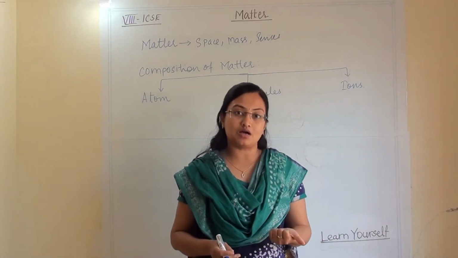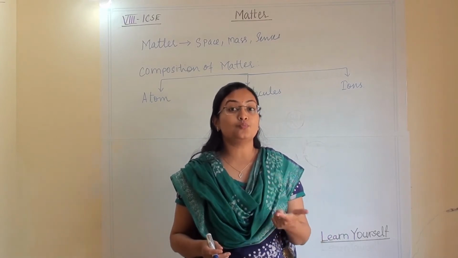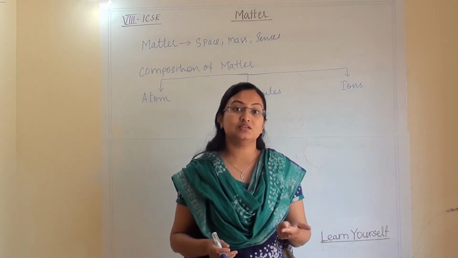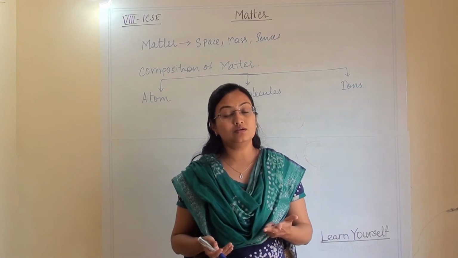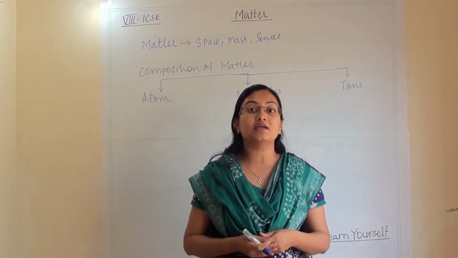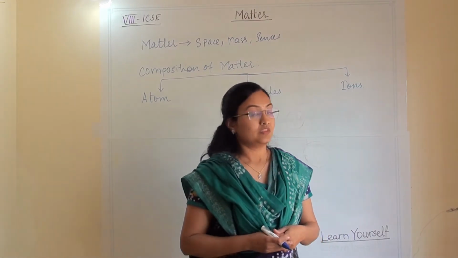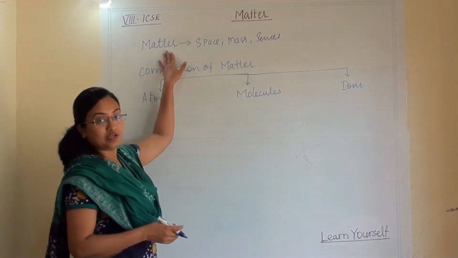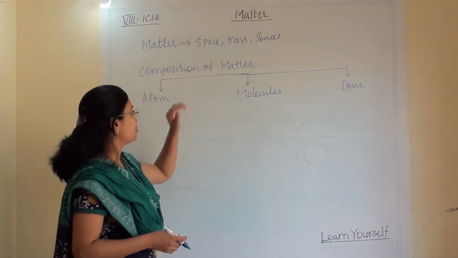Anything which has mass, which occupies space, that means it has a volume, and third, which can be perceived by our senses, is known as matter. This is the definition of matter.